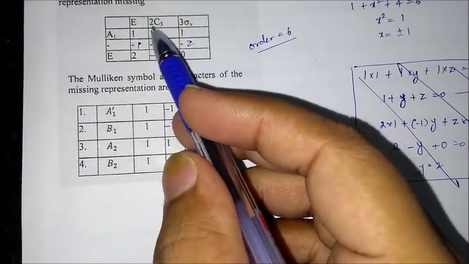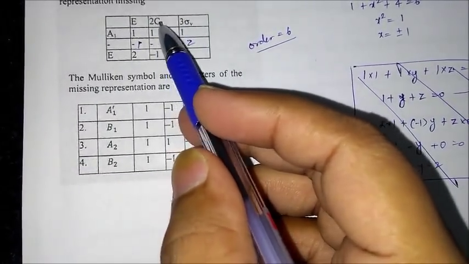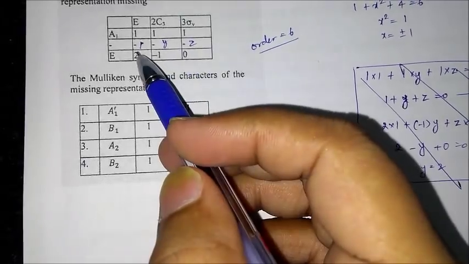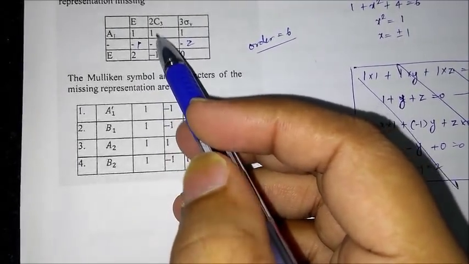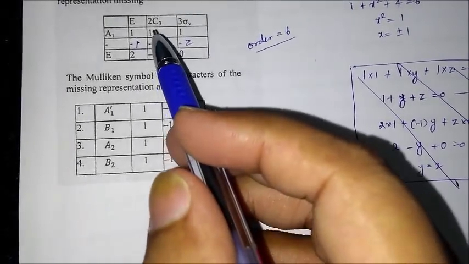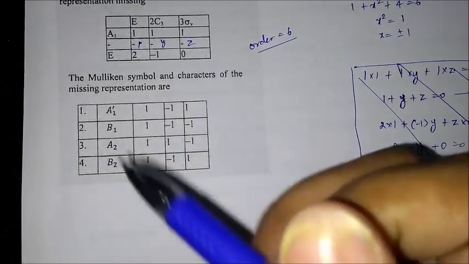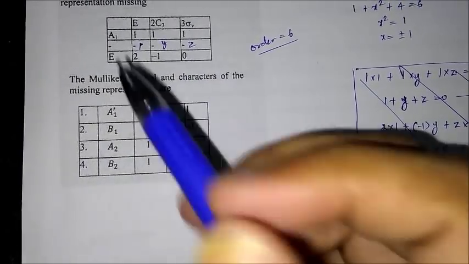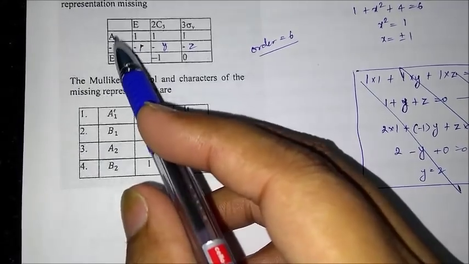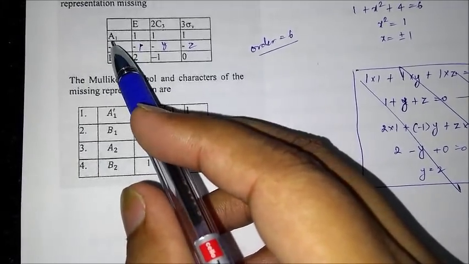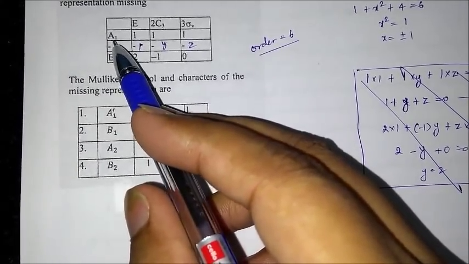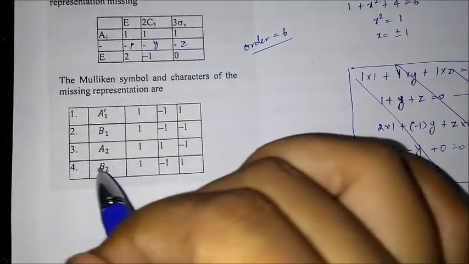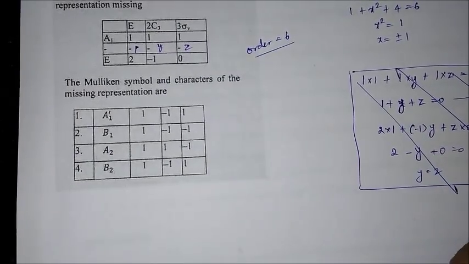But now here we have different coefficients, 2 and 3, so those will get multiplied along with the values. So let's use rule number 3, the orthogonality theorem. So let's multiply these two terms. We don't have to worry about the Mulliken symbol here. We will just find the characters, and then the Mulliken symbol will itself be found.